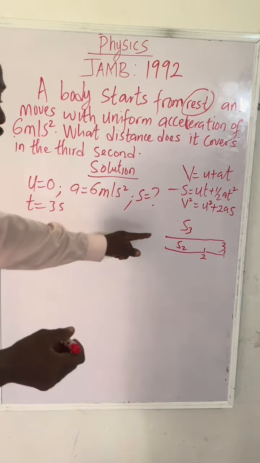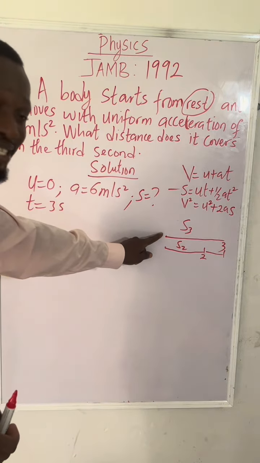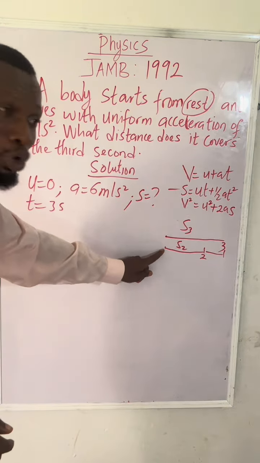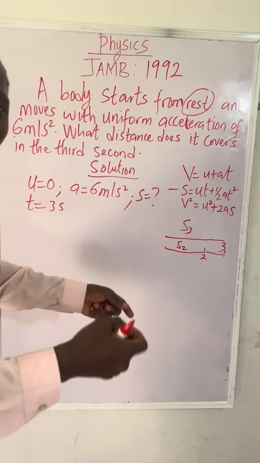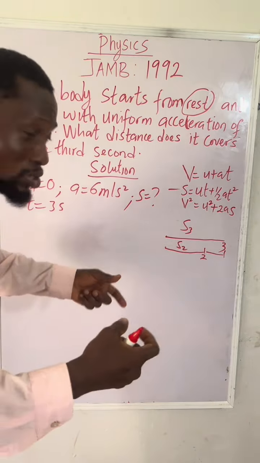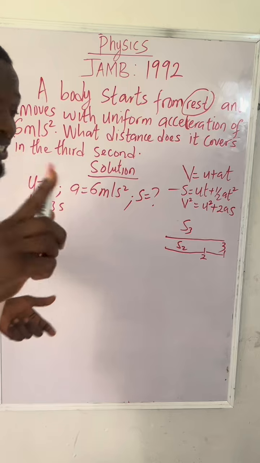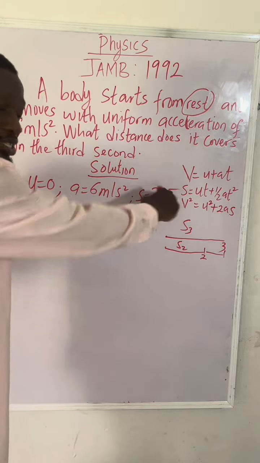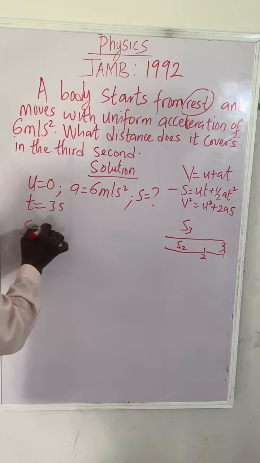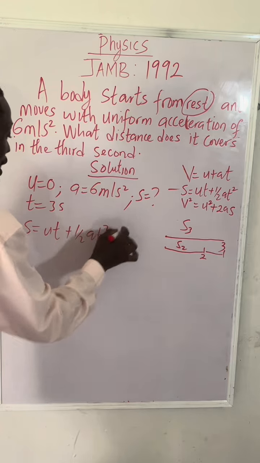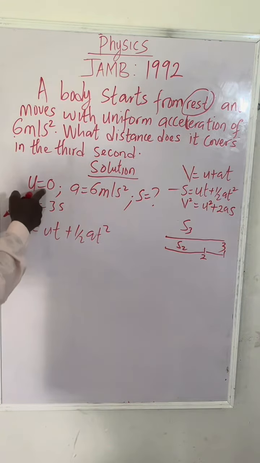So if you know the distance it covers for the whole of the 3 seconds, and you know the distance covered for the whole of the 2 seconds, you can just subtract the distance for the 2 seconds from the 3 seconds, and you're going to have your answer. Remember that we said we are going to use this second equation: s = ut + ½at². But here, our u is equal to 0.